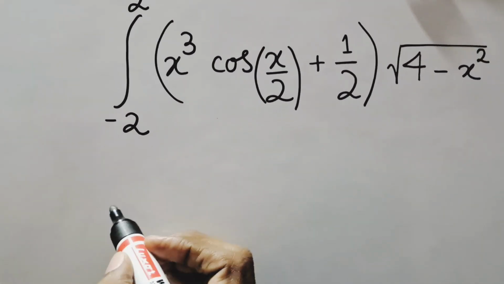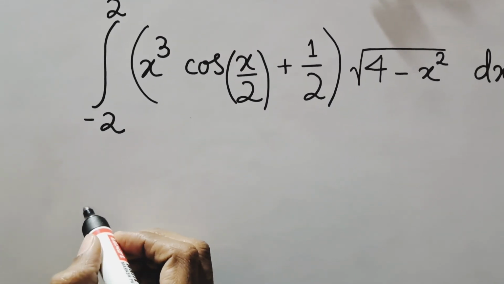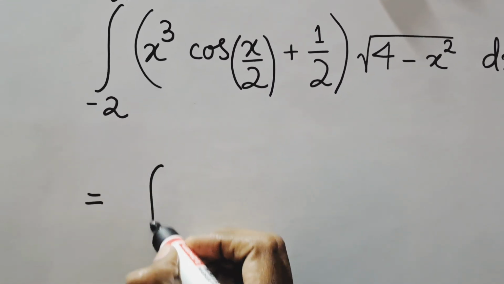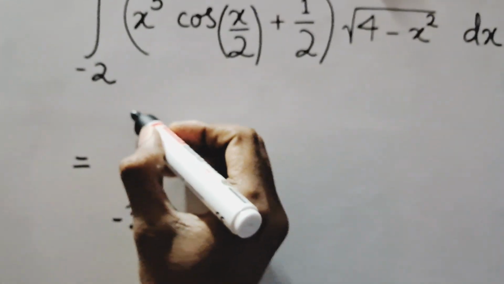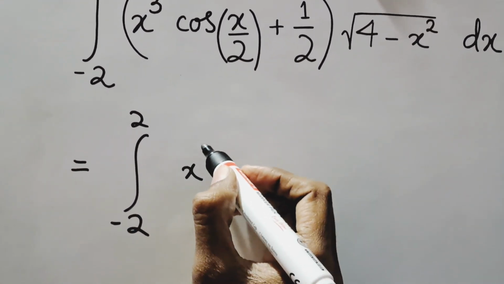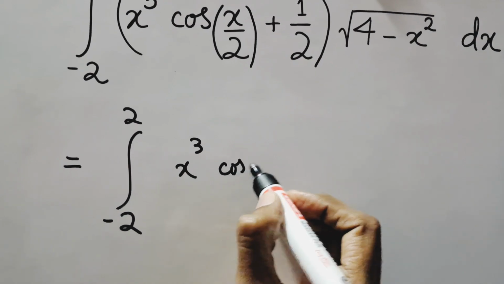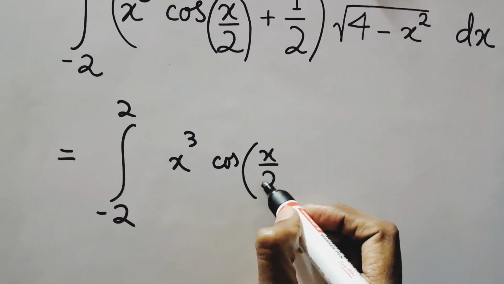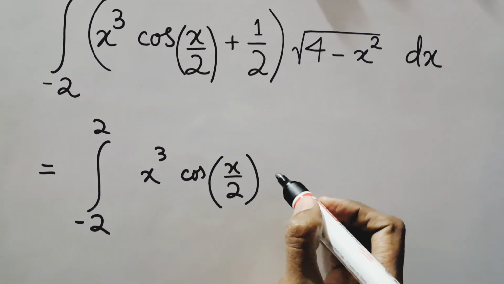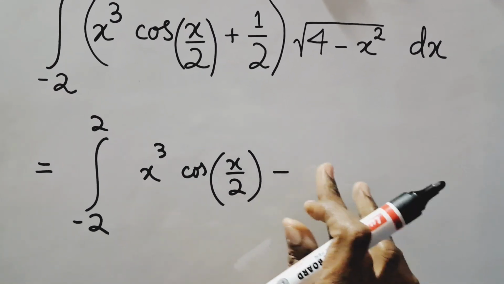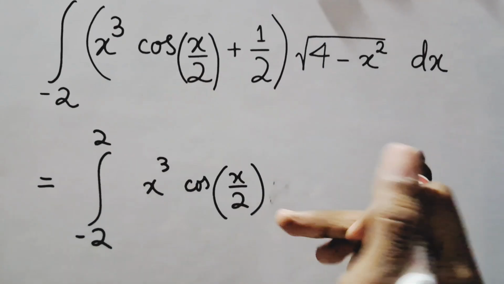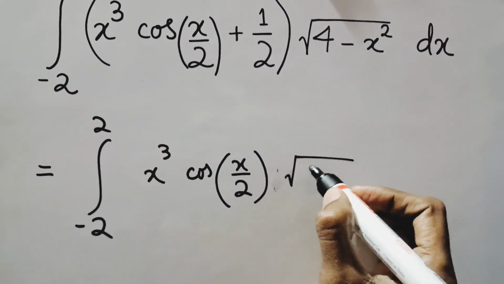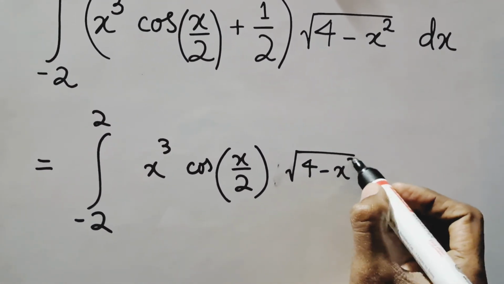So what we can do is divide this, that is minus 2 to 2, x cube cos x by 2. You can multiply this one to the first term, and we will get square root of 4 minus x square.